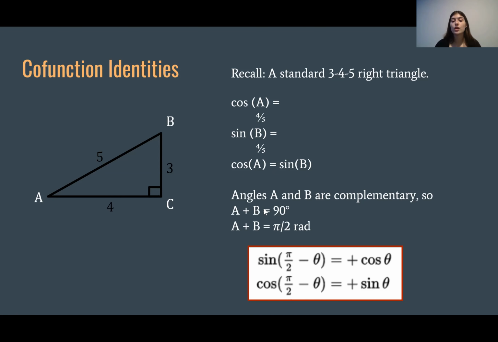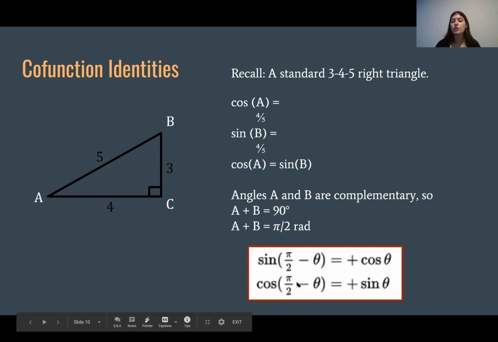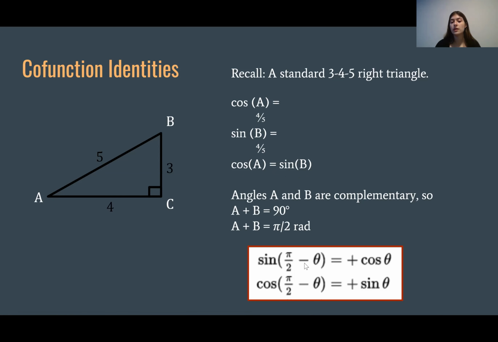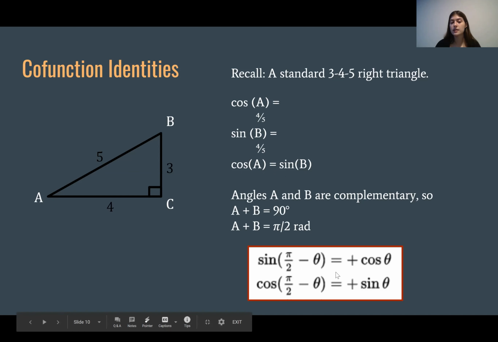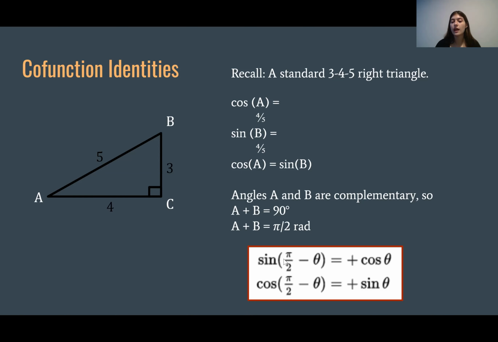So this is just our little bit more advanced way of saying cosine A equals sine B. And instead of having to write A and B and having two different variables in these identities, we're just using one variable and we're representing the complementary angle by pi over 2 radians minus theta.